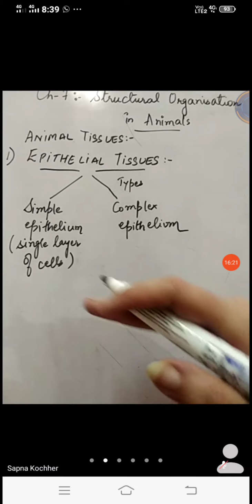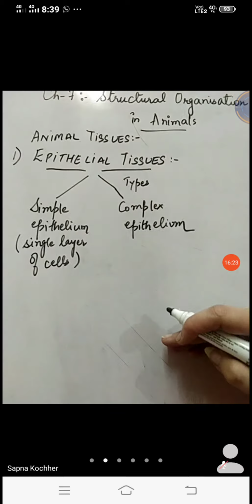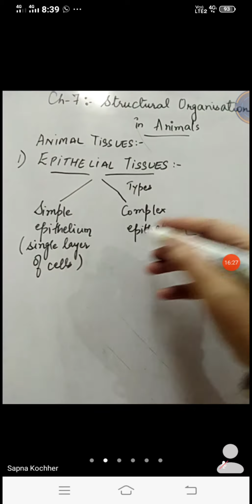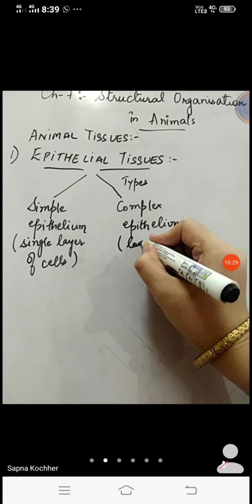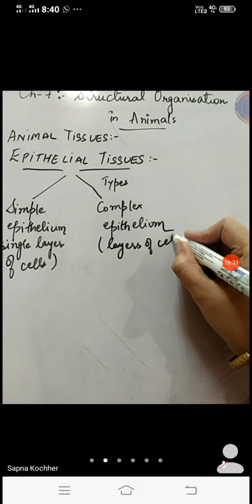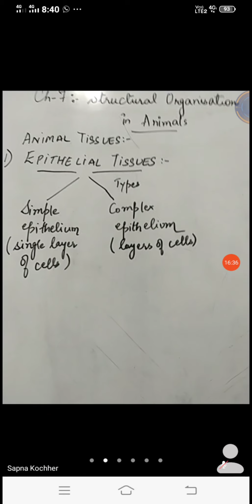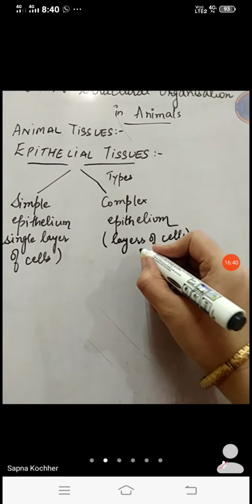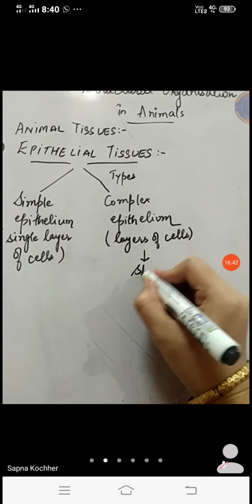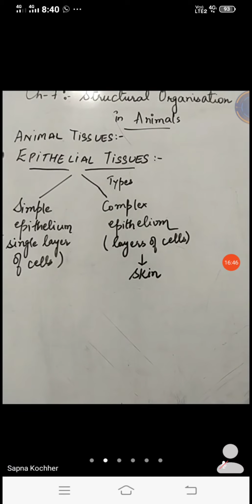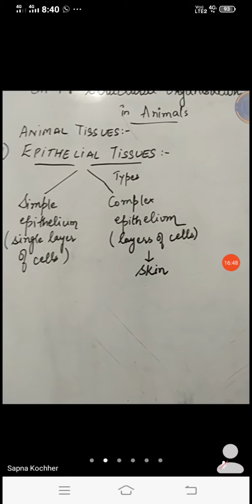And if it is clustered one above the other, that is, layers of the cells are compiled together, then we call it a complex epithelium. We have already studied this complex epithelium, as the layers of the cells are found in the case of the skin, where the tissue is called a stratified squamous epithelium.